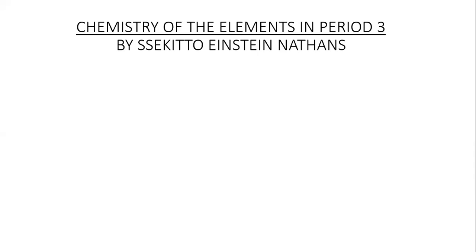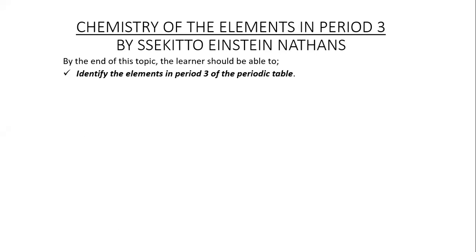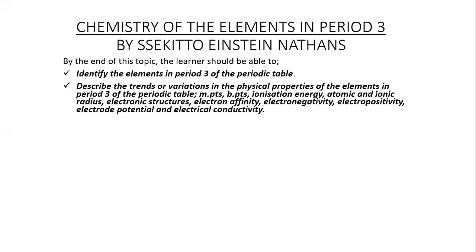Now, under this topic, we are going to look at the following. We are first of all going to see the elements in period 3, and describe the various physical properties of those elements.